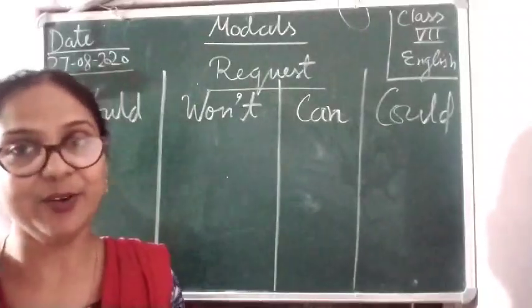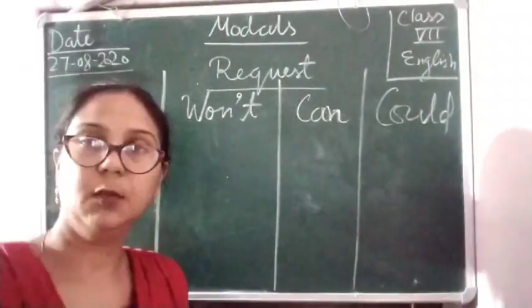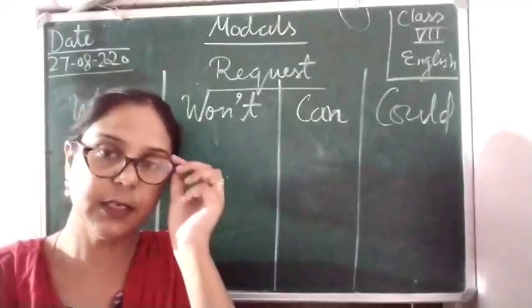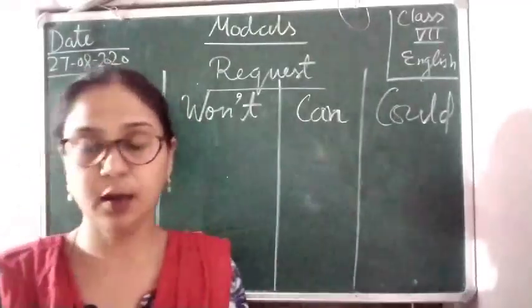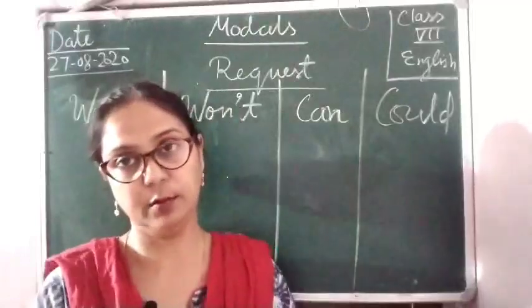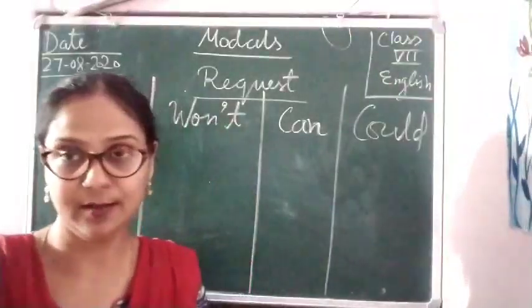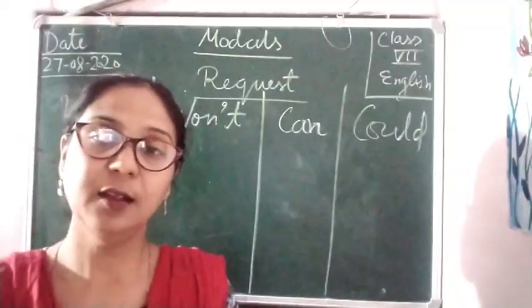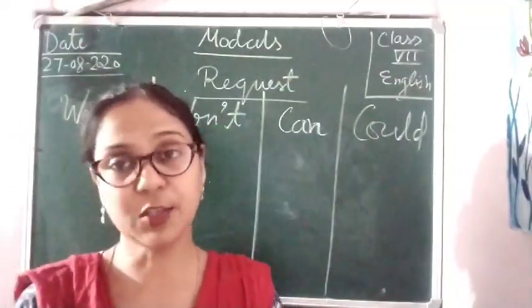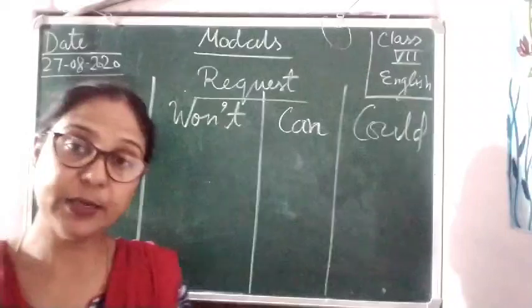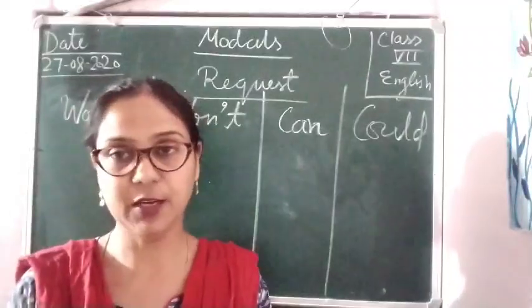So how can would express our request? That we are going to study. When we are requesting someone in a very polite way, then we are supposed to use would. This is more powerful than will, you can say in other words. So would is used when we are requesting anything in a very polite way.